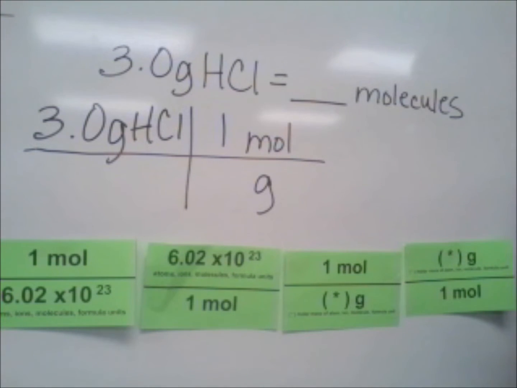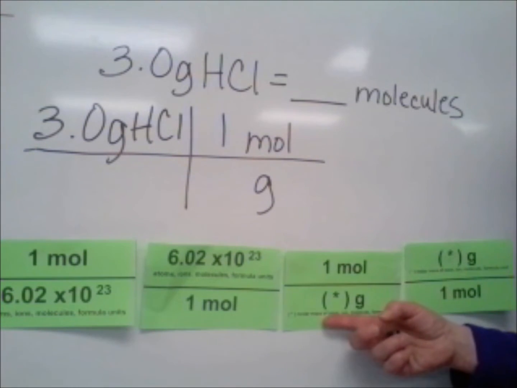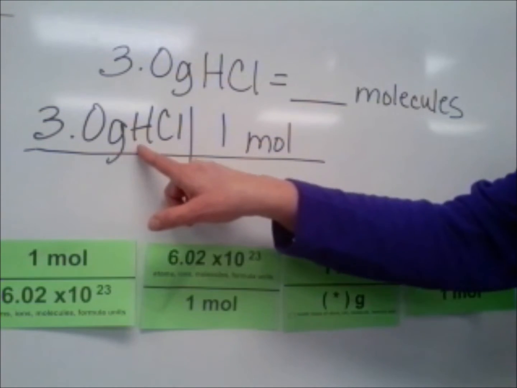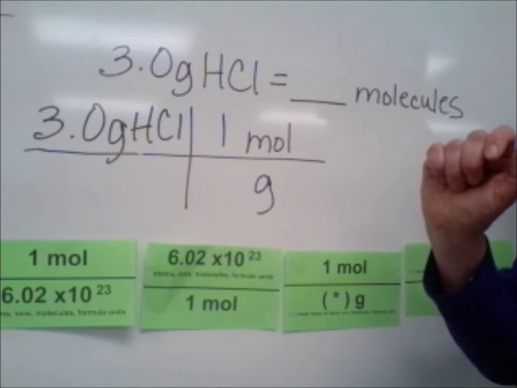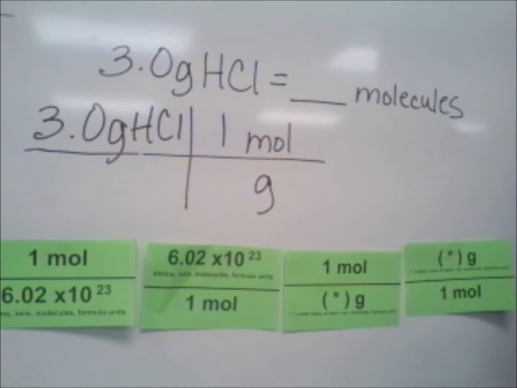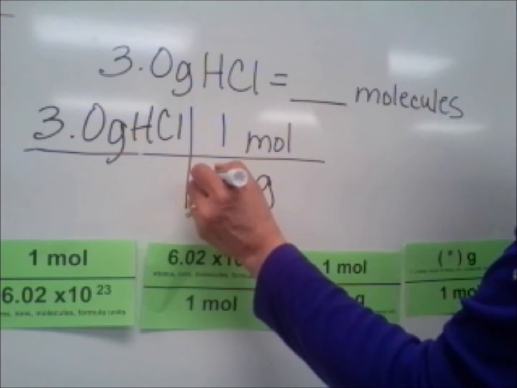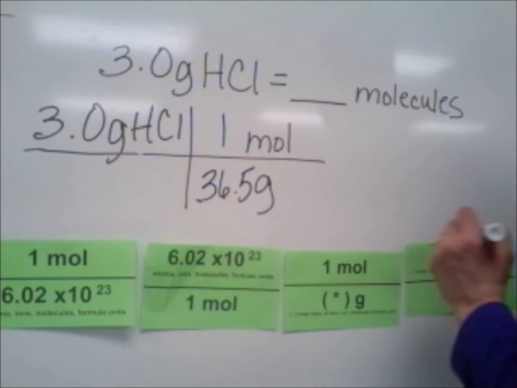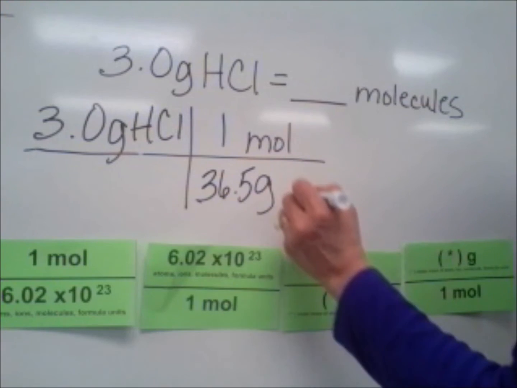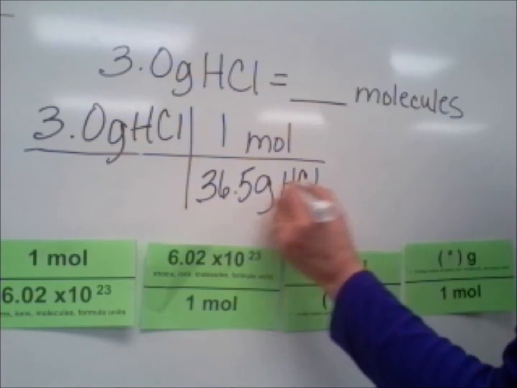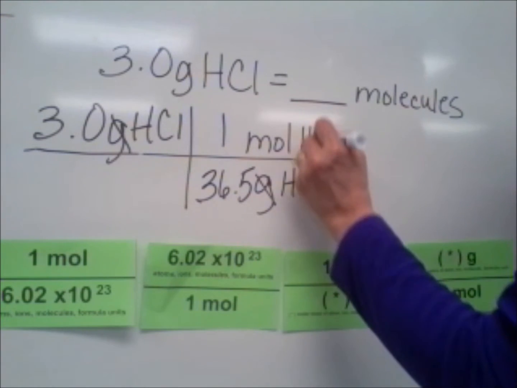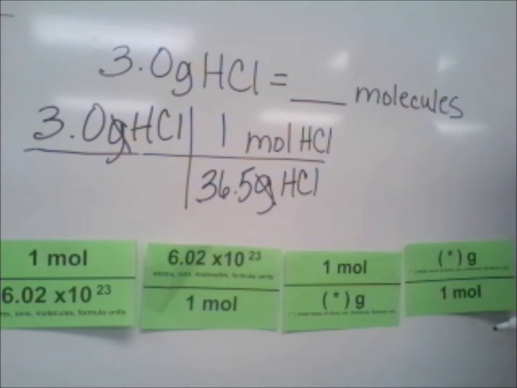So we're going to go to our periodic table to find out the molar mass. And if we look at the mass of hydrogen, it's 1, and chlorine is about 35.5. So if we add the two together, the mass of 1 mole of HCl is 36.5 grams of HCl. Now we can cancel out the grams, and now we are at 1 mole of HCl.